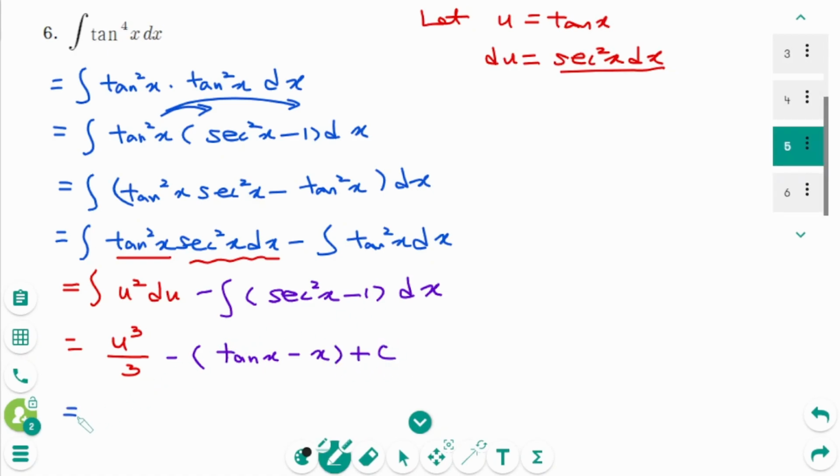Final answer is u was tangent x, tangent cubed x over 3 minus tangent x plus x plus c.